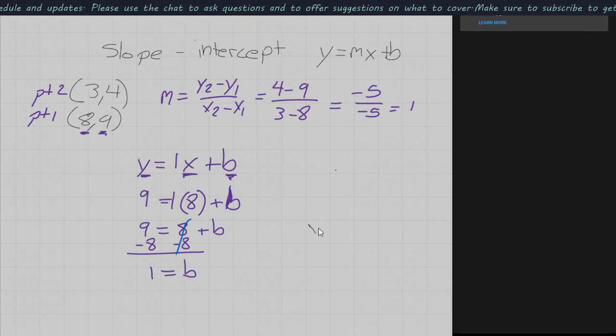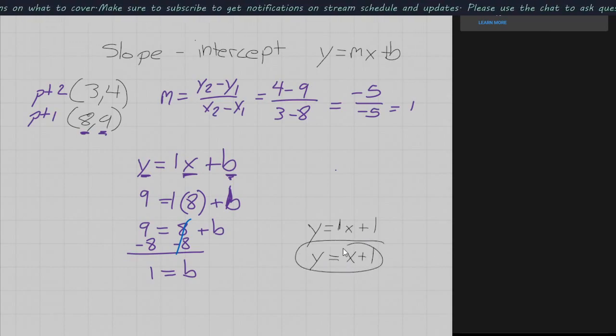So I get y equals, notice that I brought it back to y, so we're just finalizing our slope-intercept form equation. So y equals our m value of 1 x plus 1. Now, you won't see it like this because anything times 1 is just itself, so you'll most likely just see y equals x plus 1, and that would be your final answer.